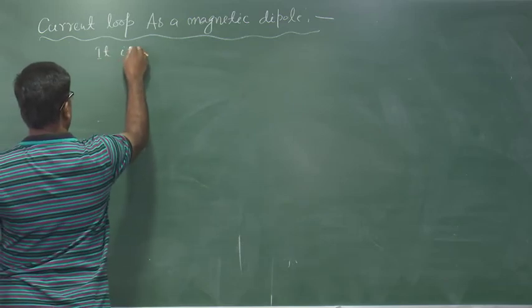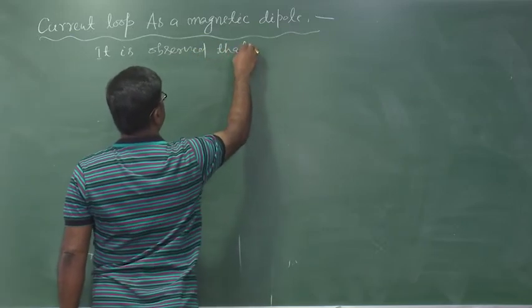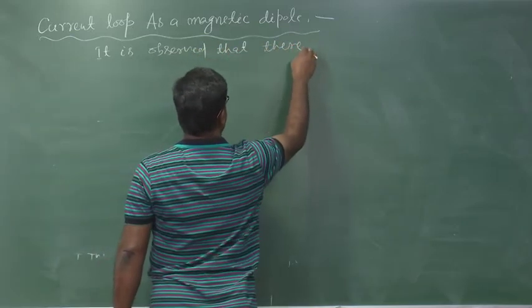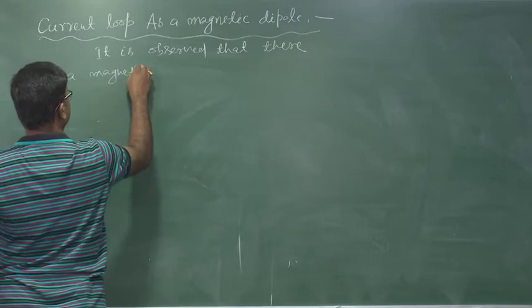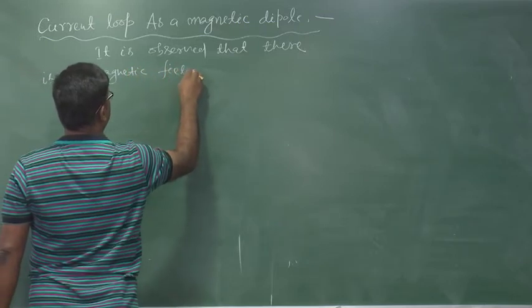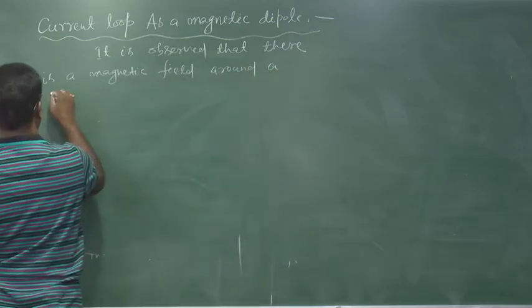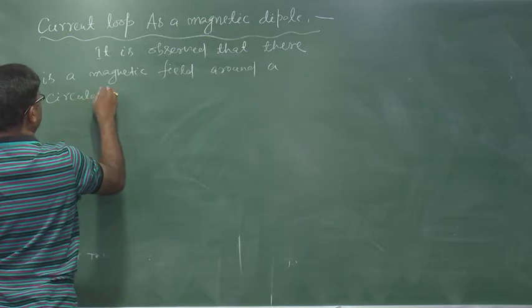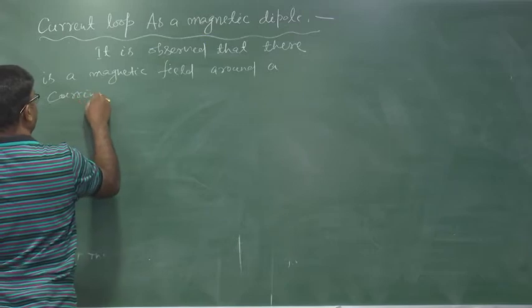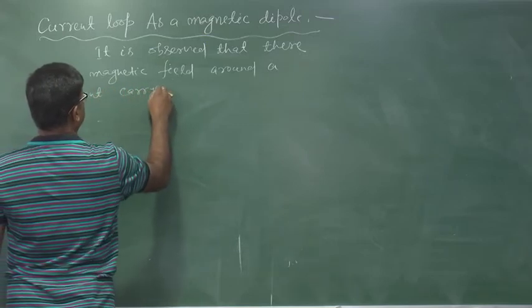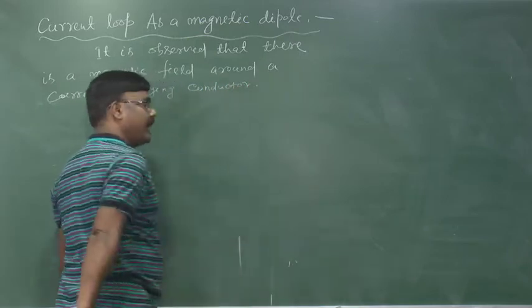Number 1, it is observed that there is a magnetic field around a current carrying conductor. Already we have observed.